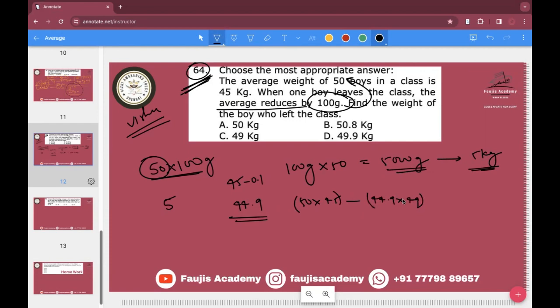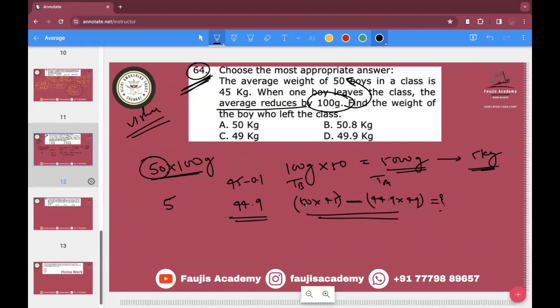I think 50 into 45, and then minus x, sir. They asked which boy left. Total before minus total after, if we do that, we'll get the boy that left, right?